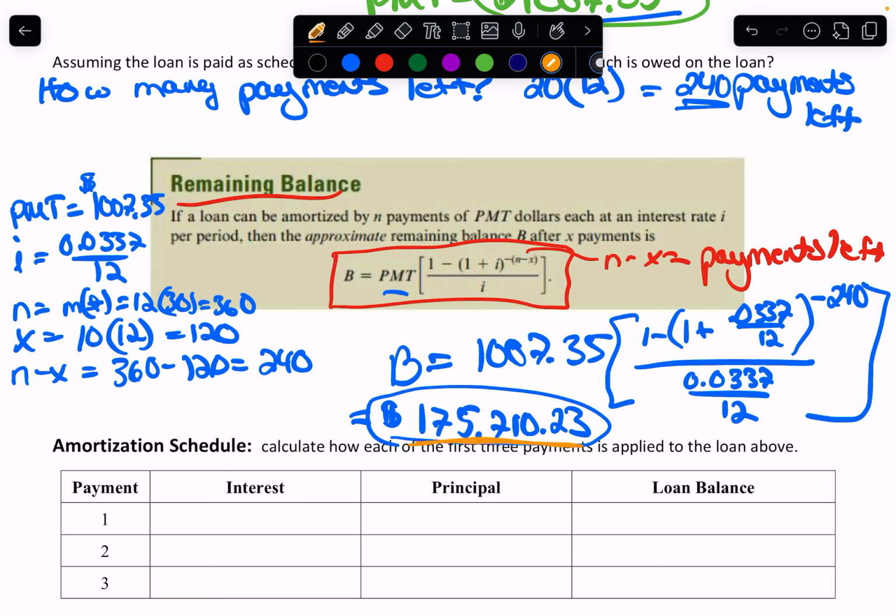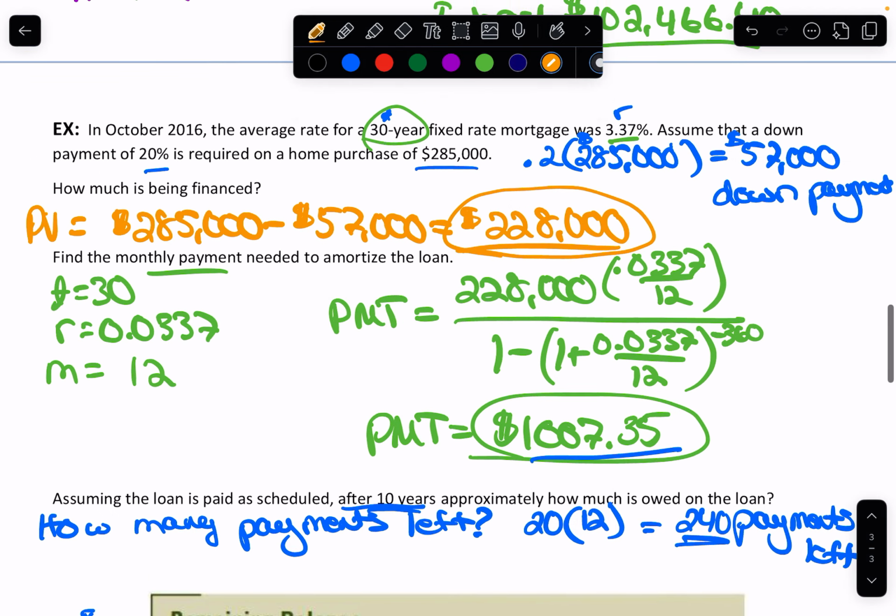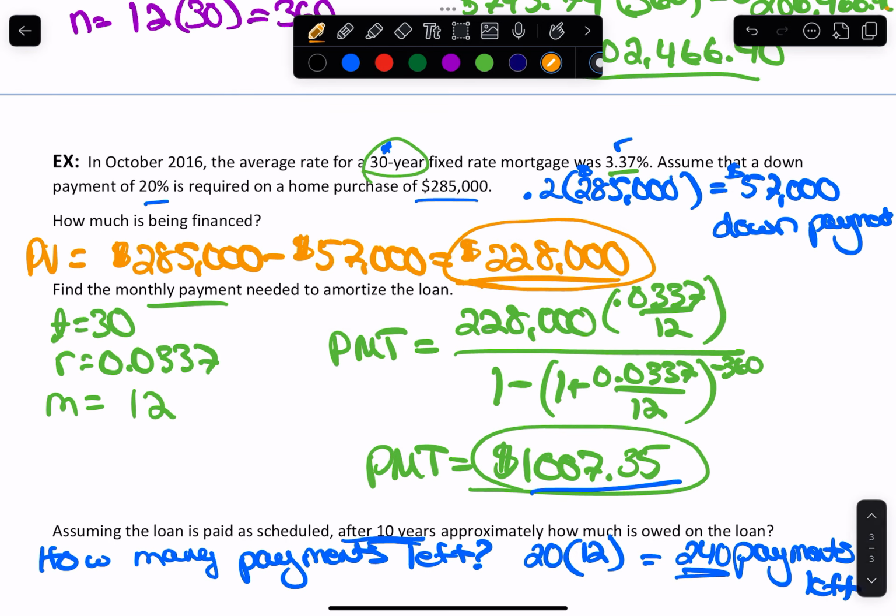So they have paid off $52,289.77 when we subtract this 175,710 from the financed amount.